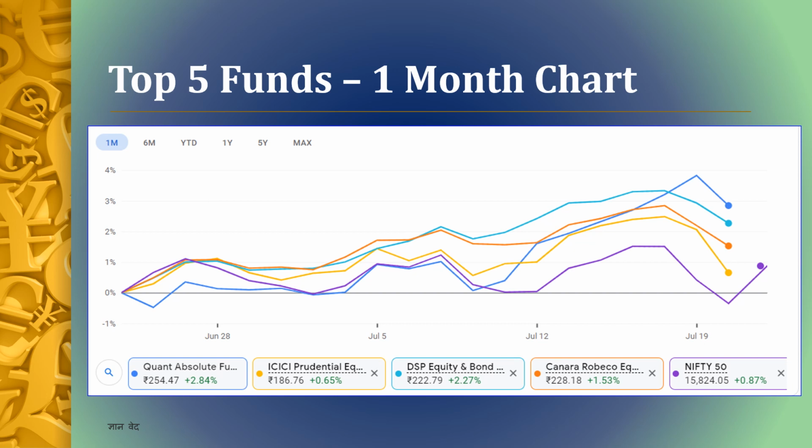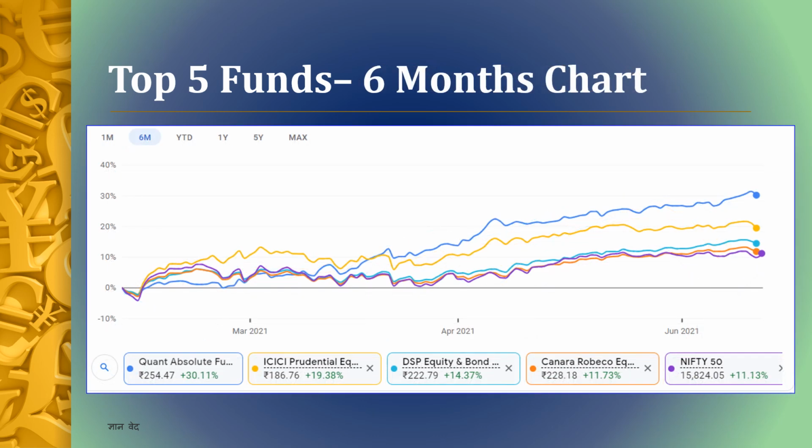Let's see the comparison for the 1 month chart for the 5 funds. We have compared it along with Nifty 50. We can see all these 5 funds have performed better than Nifty 50. And the blue one at the top is the Quant Absolute Return Fund.